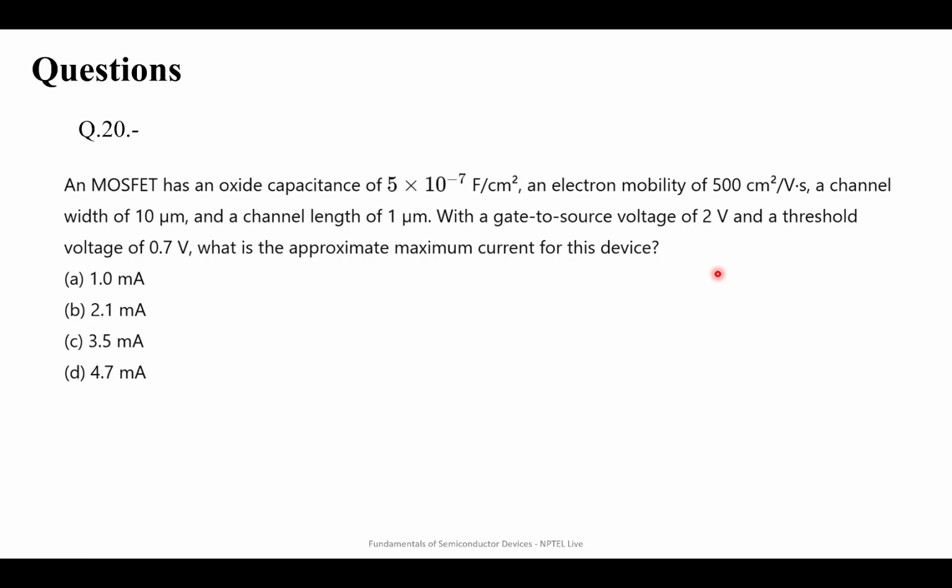So, sir, I can find this with the help of saturation current ID equal to, then we can get the value, sir. Yes, that is what you have to do actually.